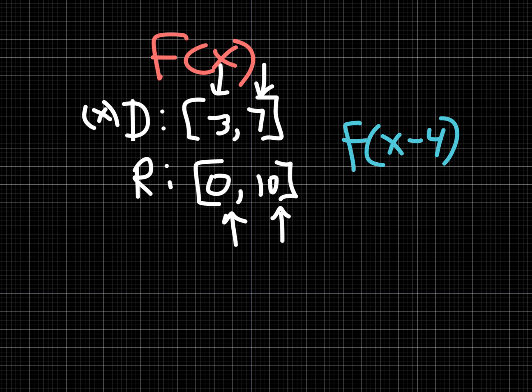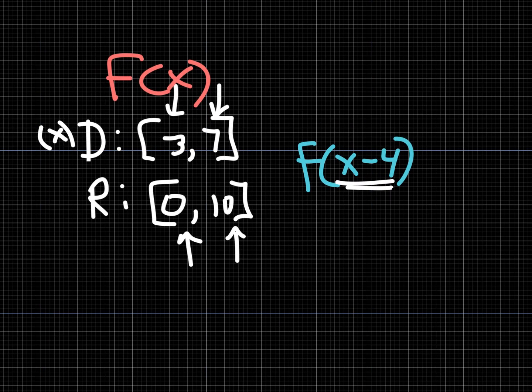This is a change to the x's, but it's not subtracting 4. Why? Did I tell you this before in this video? You don't trust the stuff on the inside. It always does the opposite of what you would think. To me, this feels like it would move it 4 to the left. It actually would move it 4 to the right.